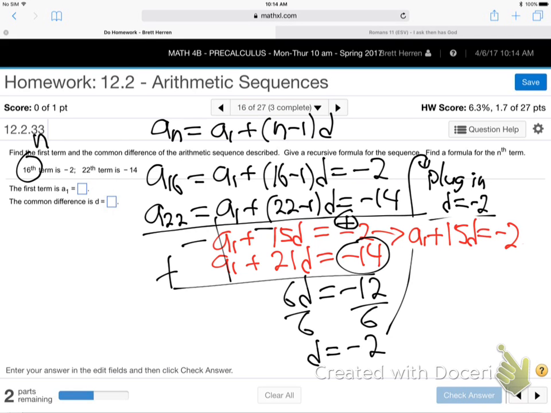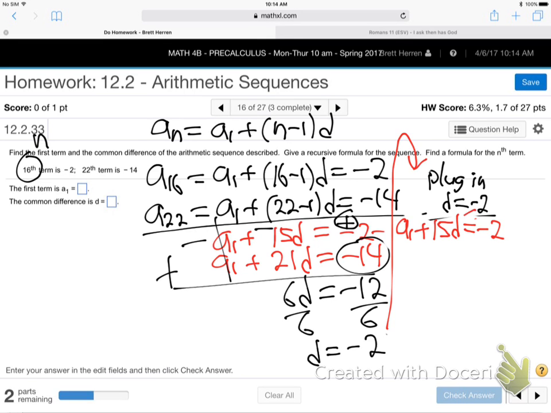All right, so negative 2. Plug in that d. I'm still not squeezing that thing in. So let me try again. a1 plus 15d is negative 2. There we go.